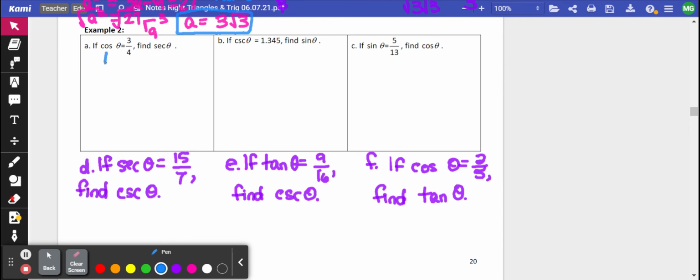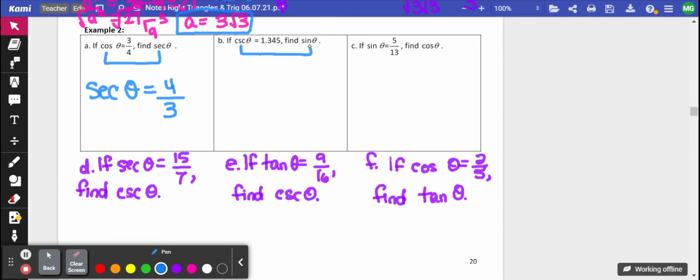Well, if you remember that cosine and secant are reciprocal functions, this is a really easy problem because all you have to do is write secant of theta equals 4 over 3, and you are done.